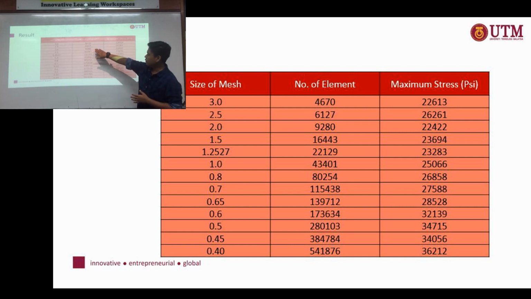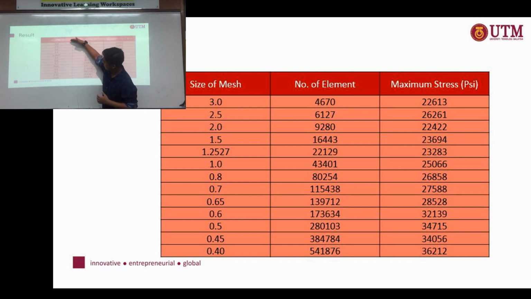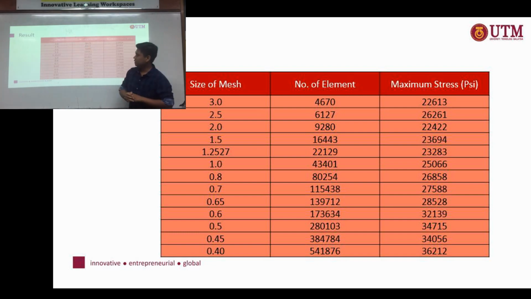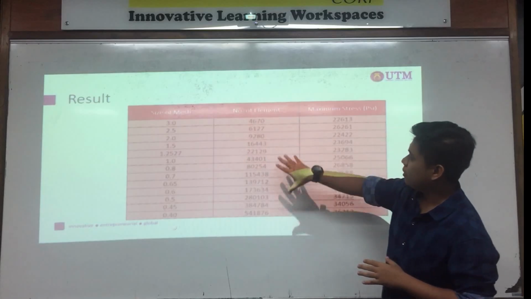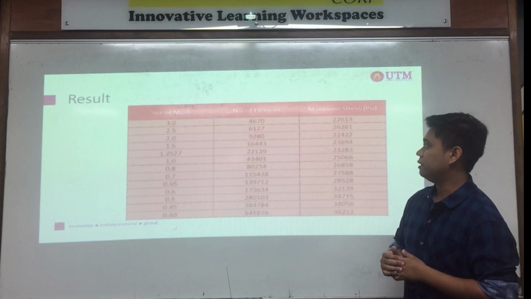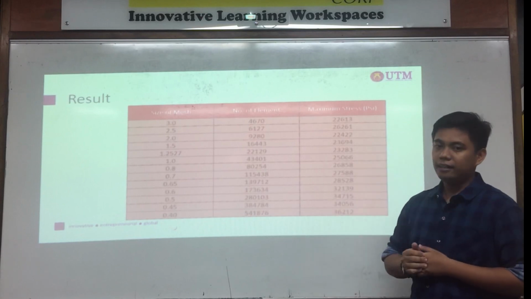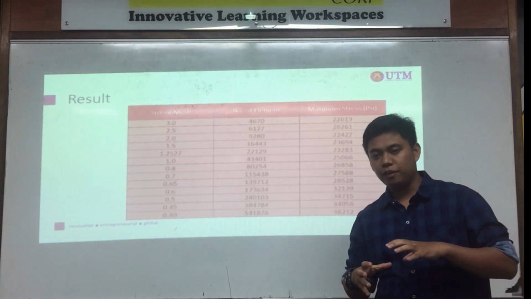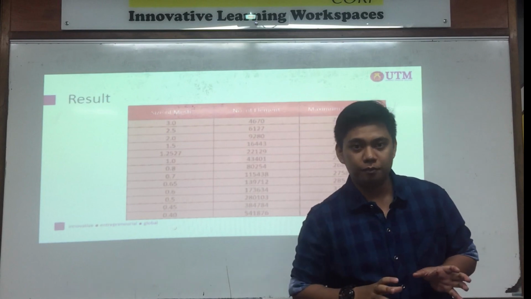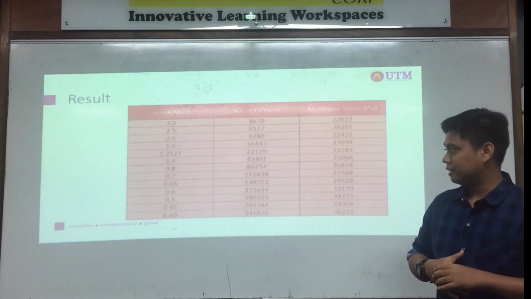We get the number of element 4670, and then the maximum stress is 22,613 psi. So basically we just change the size of element so that we can get the variety number of element. So from the data we can analyze which number of element is optimum to get the accurate data.